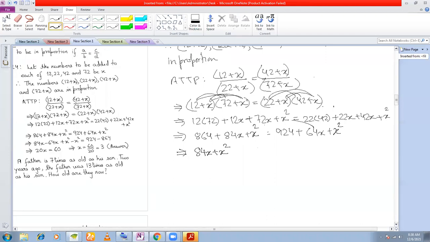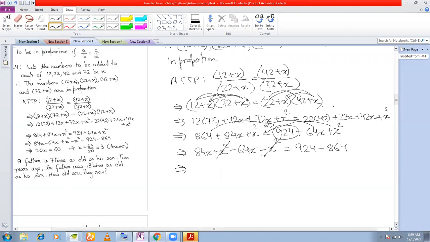And this 64x you take on the other side, so it becomes minus 64x, and you have this x square, so you can bring x square here to get minus x square is equal to, now you have a 924 here, so you keep 924 here as it is, and you have got 864, so you take it here, so it becomes minus 864, right? Now if you see, x square and x square are going to cancel on the left hand side, so this x square and this x square, they cancel, right?